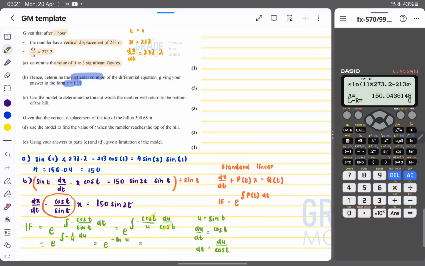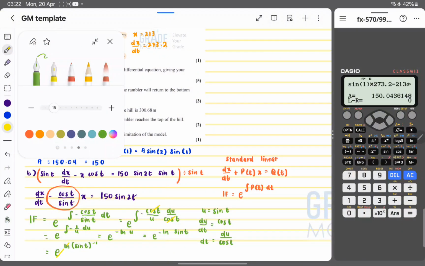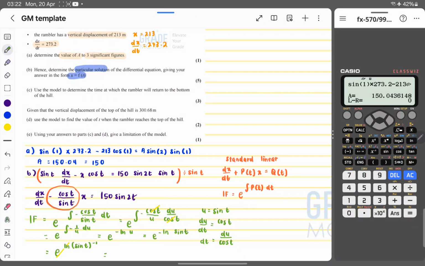Let's now substitute back our u. We will get e to the negative ln sin t. Let's bring the negative up. We will get e to the ln of sin t, the whole thing to the power of negative 1. We can now cancel the e and ln. So we will get the integrating factor equal to sin t to the negative 1, or 1 over sin t.